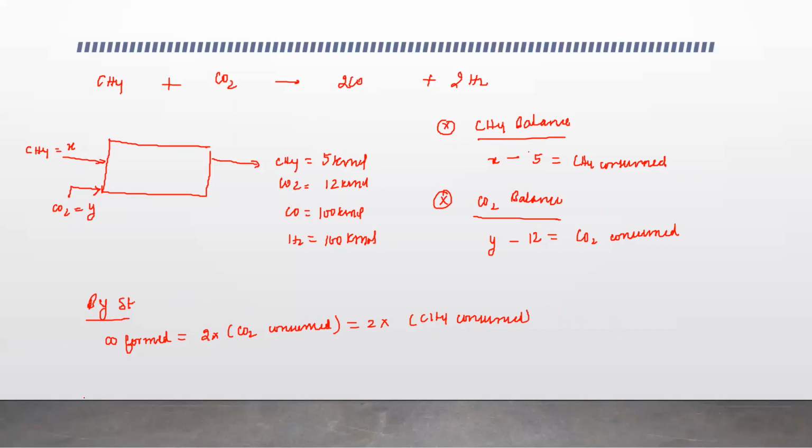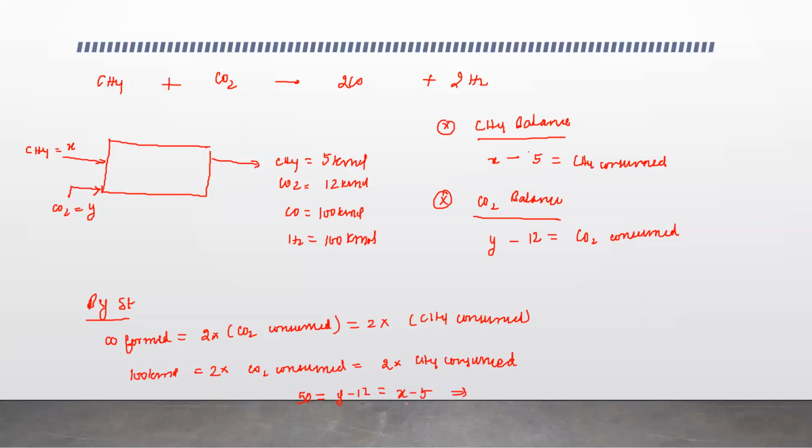So CO formed is 100 kilomole. So 100 kilomole is equal to 2 into CO2 consumed, and that is equal to 2 into methane consumed. When you divide this entire equation by 2 on all three sides, you'll get 50 is equal to CO2 consumed. CO2 consumed is nothing but Y minus 12, and that is equal to CH4 consumed, which is X minus 5.